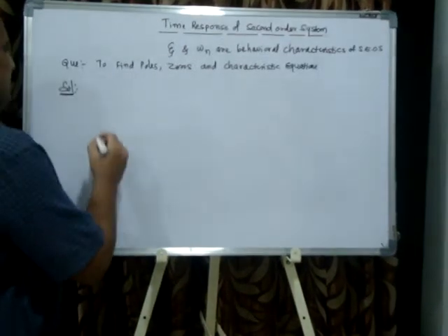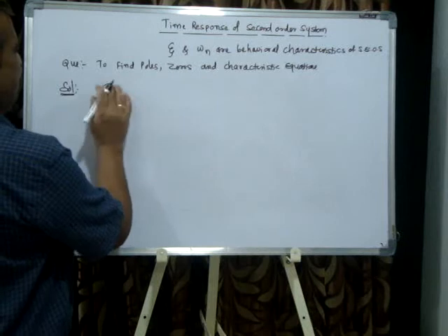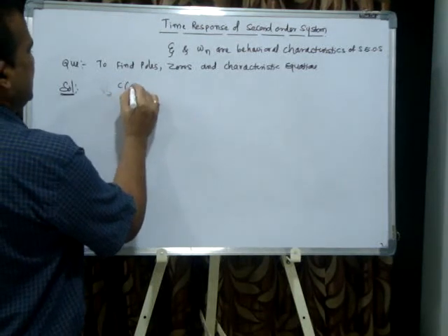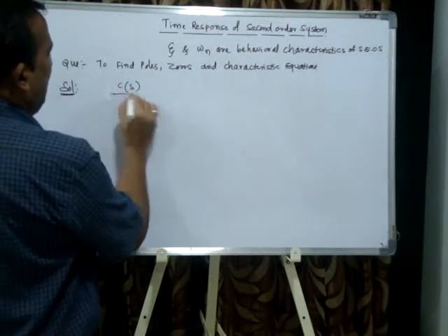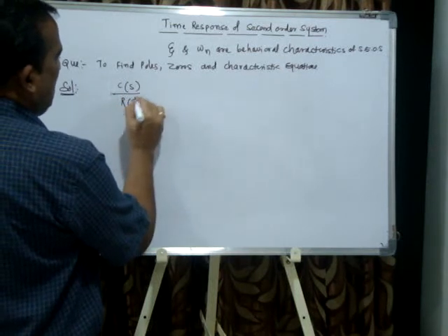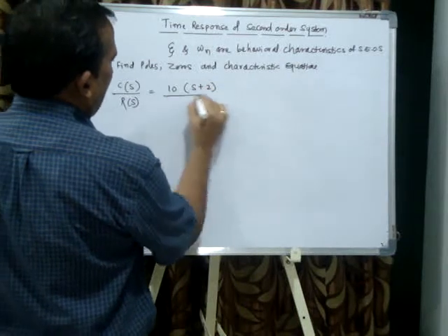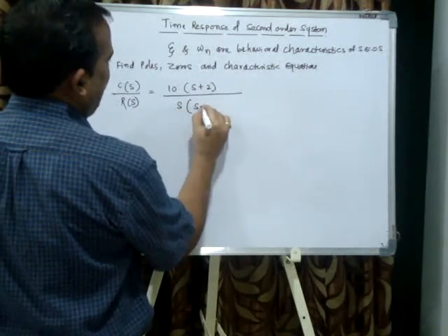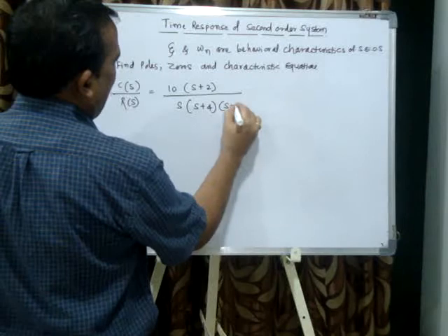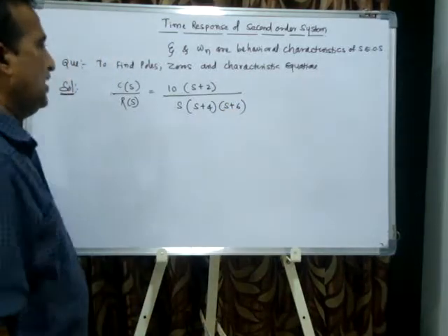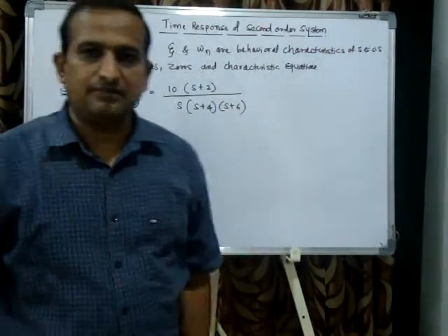Suppose for example that C of S divided by R of S equals 10 into bracket S plus 2, over S into bracket S plus 4 and S plus 6. Suppose this is the closed loop transfer function of a system.